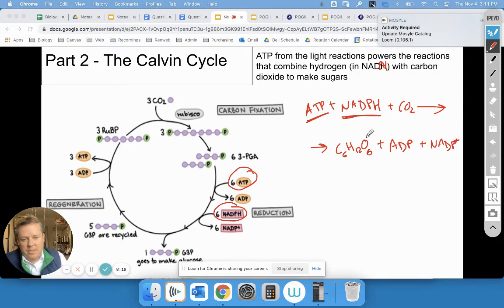So those two things can now go back to the light reactions and be charged up again to do this whole thing again. There is no sunlight here at all. Okay, sunlight is not necessary for this part to happen, but this one does create the sugars right here that plants need as their food source, right? And so those are the two halves of photosynthesis.